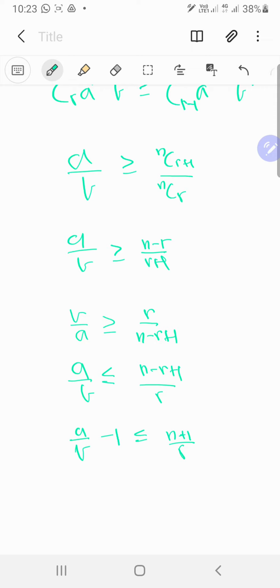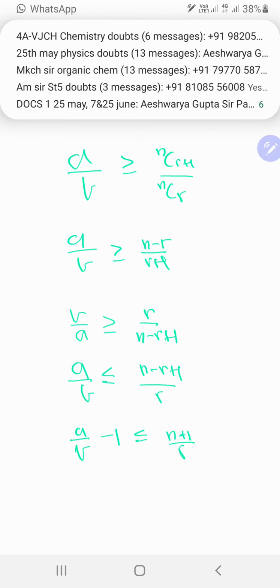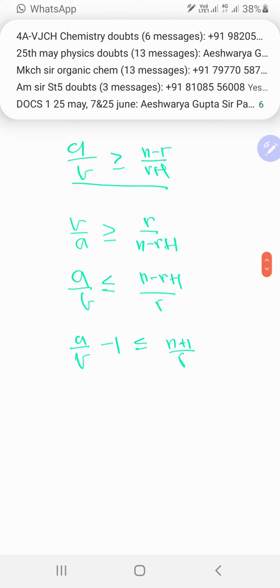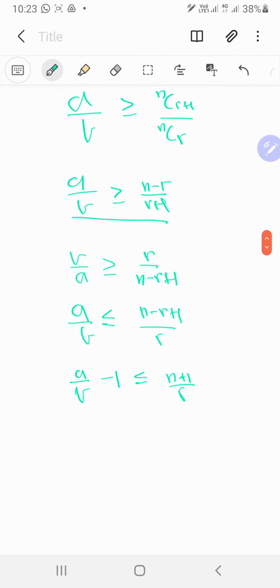We want to have something like that over here. Let's just try solving for r. Let's add 1 on both sides, so that will give me a upon b plus 1 is bigger than or equal to (n+1) upon (r+1).